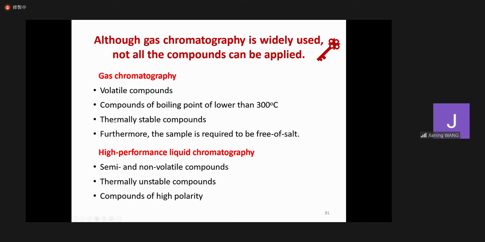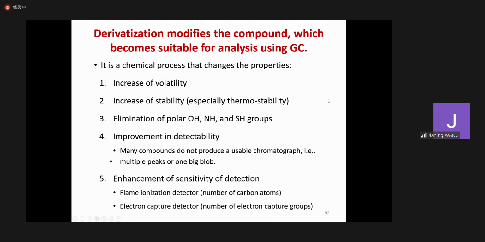And here is GC. GC requires volatile compounds, but many compounds are non-volatile. So what we can do is chemical derivatization to change the non-volatile compound into a volatile one.